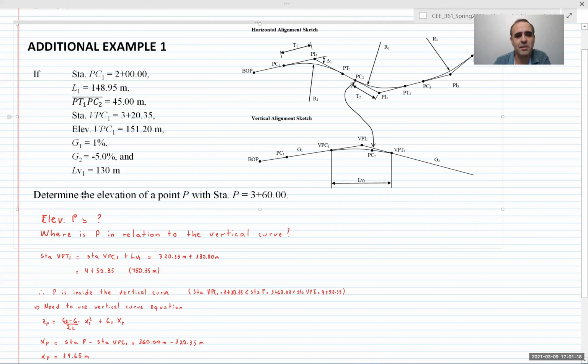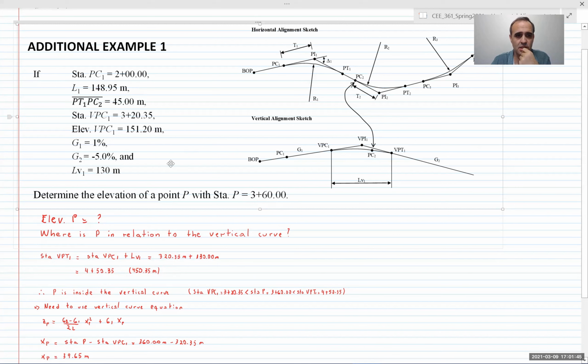So it says here, determine the elevation of a point P with a station equal to 3 plus 60. And everything is given in meters, so here one station is equal to 100 meters. So it's just the elevation of a given point, and I'm not even showing you here where that point would be. But you start getting some pointers in here.